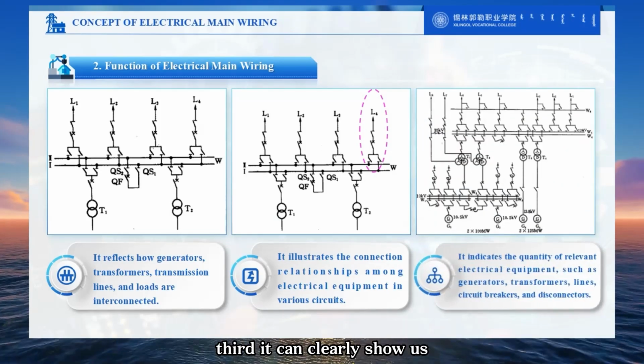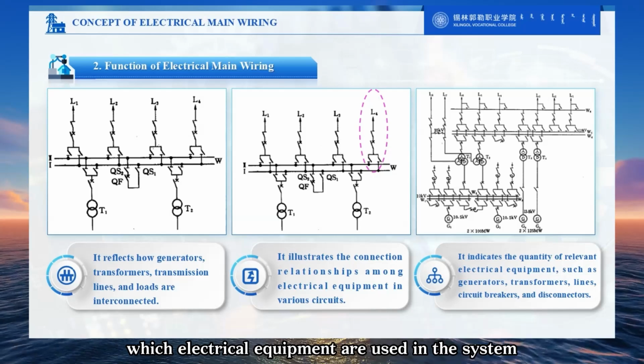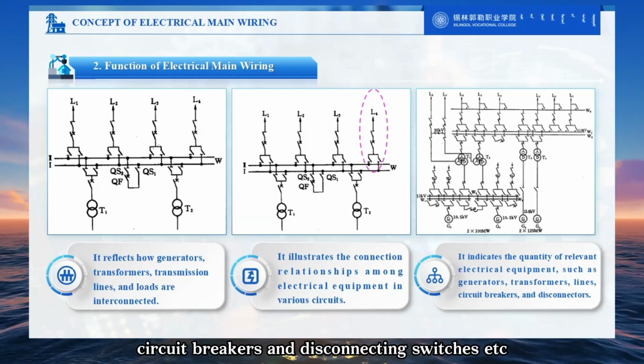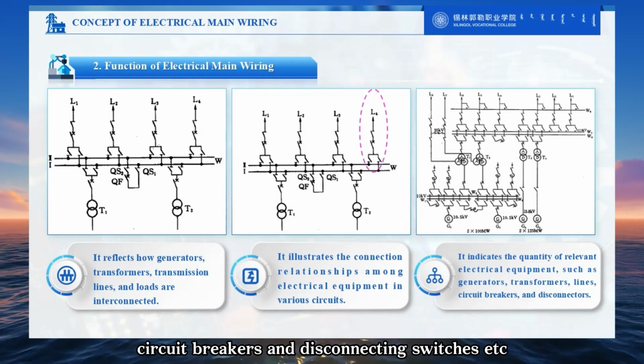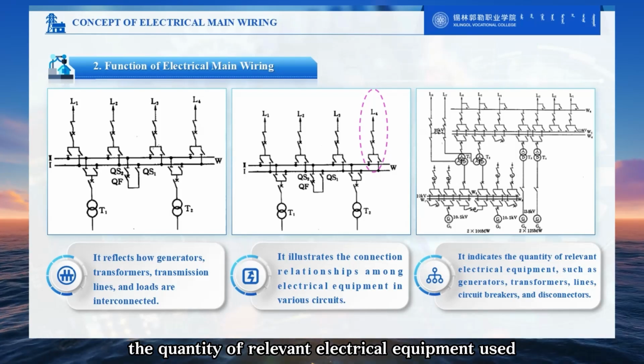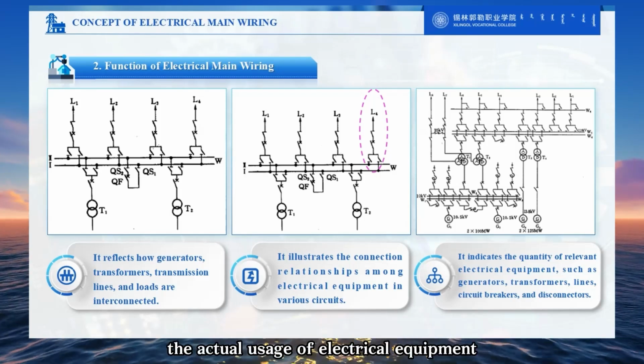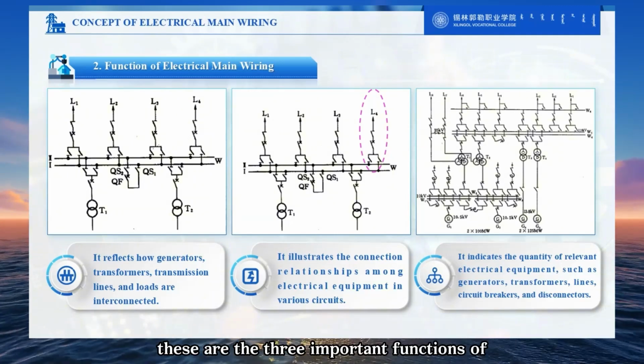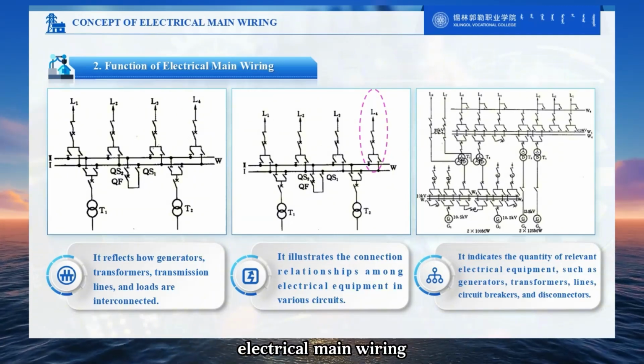Third, it can clearly show us which electrical equipment are used in the system, such as generators, transformers, lines, circuit breakers, and disconnecting switches, etc. The quantity of relevant electrical equipment used can truly reflect the actual usage of electrical equipment on site. These are the three important functions of electrical main wiring.